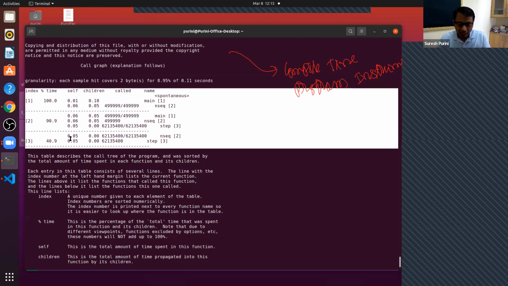So we are getting a nice breakdown of how much time is spent in different functions in this program, and then we can focus our attention on, maybe, if we try to speed up the step function, we might be able to improve the performance.